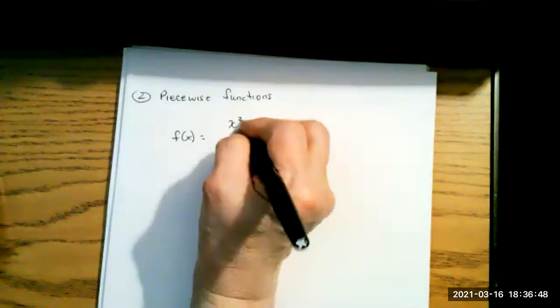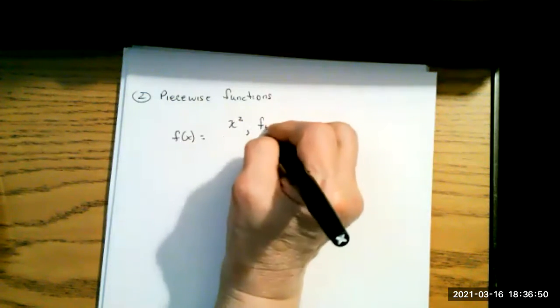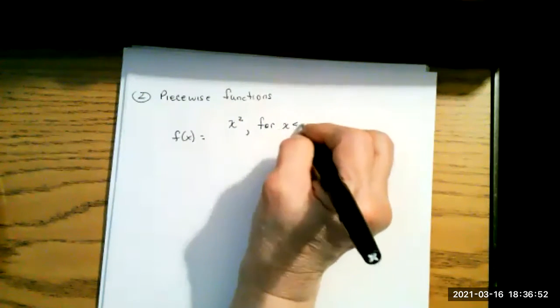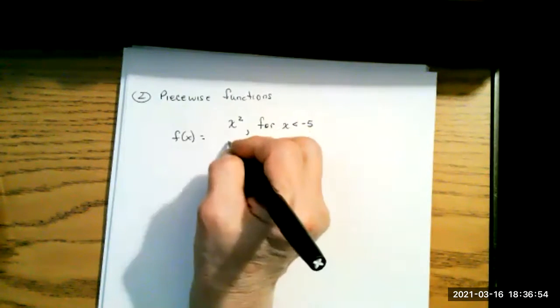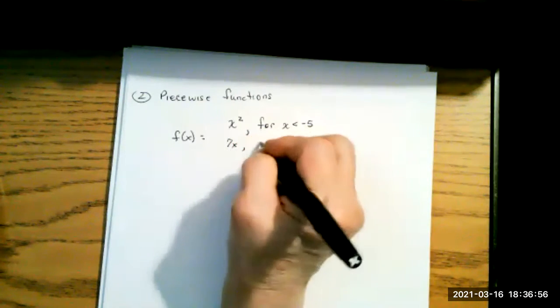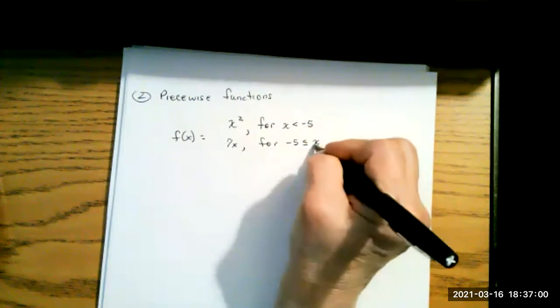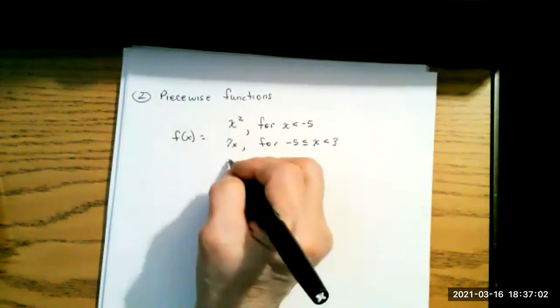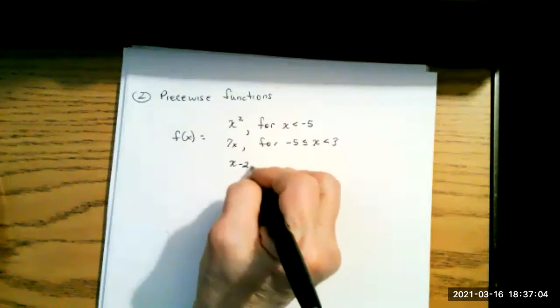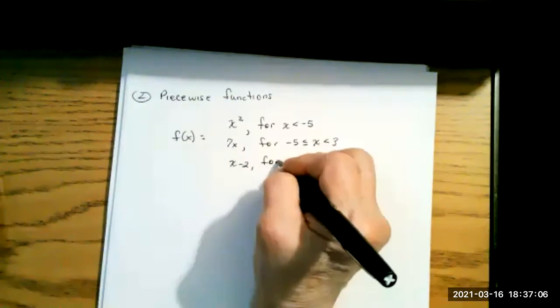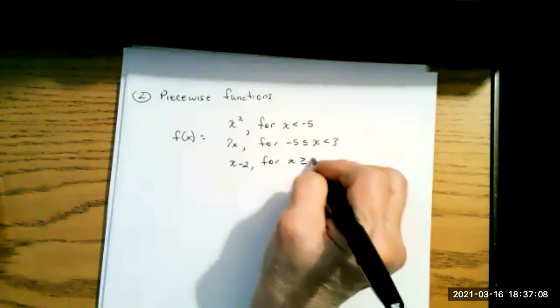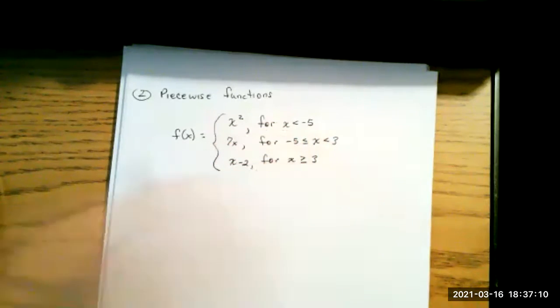This one has x squared for x less than negative 5, 7x for negative 5 less than or equal to x less than 3, and x minus 2 for x greater than or equal to 3. It has 3 parts to it.